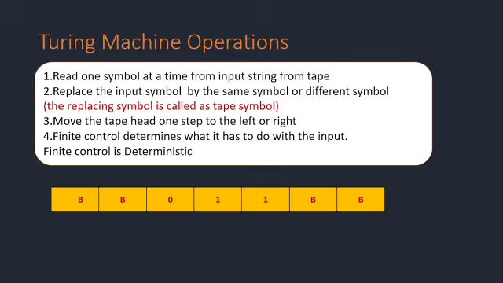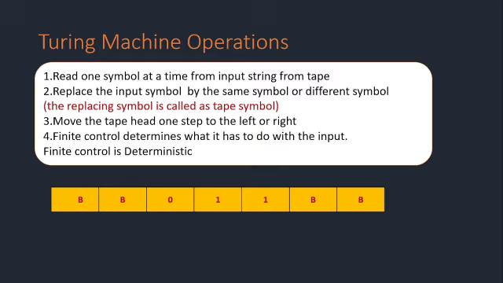So, Turing machine has the capability to move the head in both the directions, in contrast to finite state machine or PDA, which has the head movement in only one direction. And this finite control is an element which is used to describe what it has to do with the input. A finite control is a concept which is attached to Turing machine.